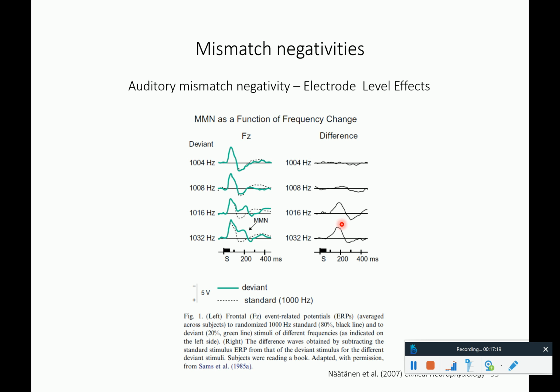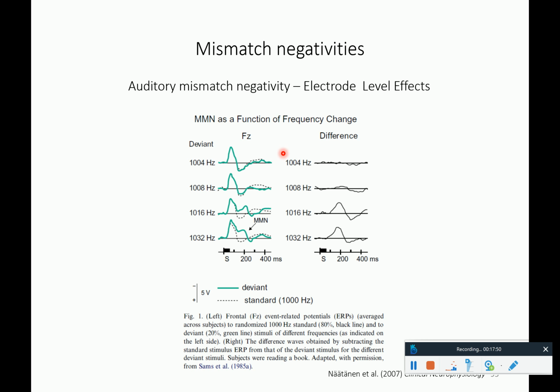With the mismatch negativity, the common thing is that it's around 150 milliseconds plus or minus after stimulus. From my perspective, in the entire response, if you look at this comparison here, deviant versus standard, there are differences all over the place. Very early on you don't see much, but then the curves are just not as well aligned as these two curves, for example.